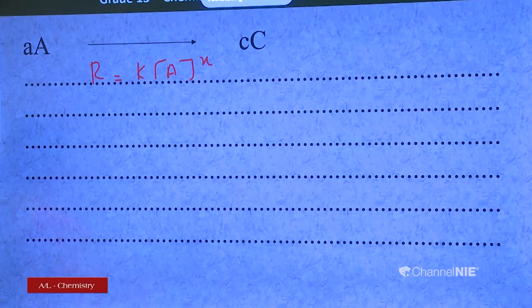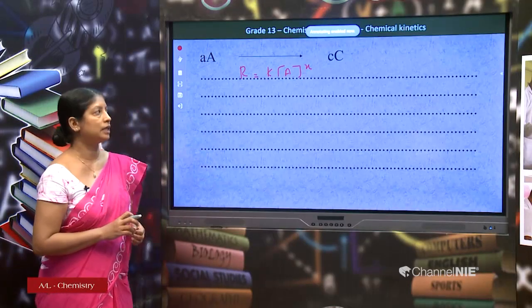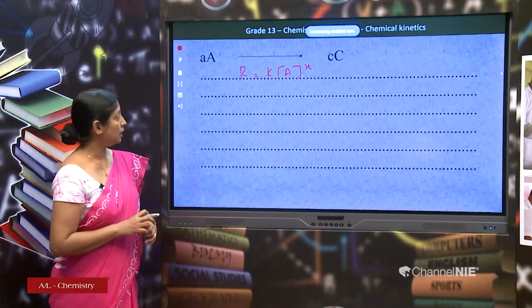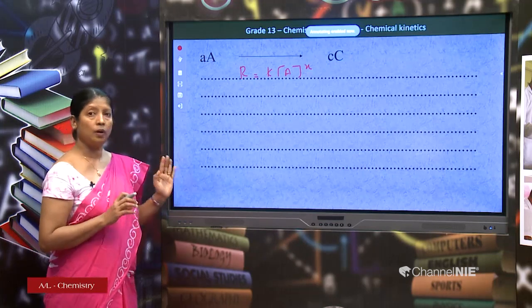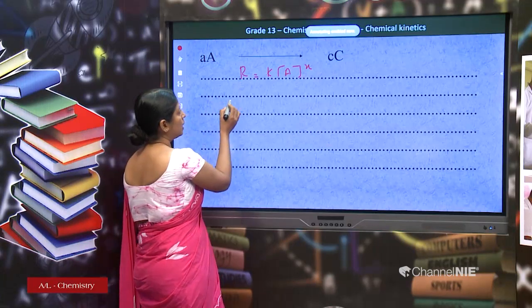Sometimes the order and the stoichiometric coefficient have a relationship, and sometimes they do not. More details will be discussed in a later lesson. And we are going to rearrange this equation. Now, multiply the whole equation by log.